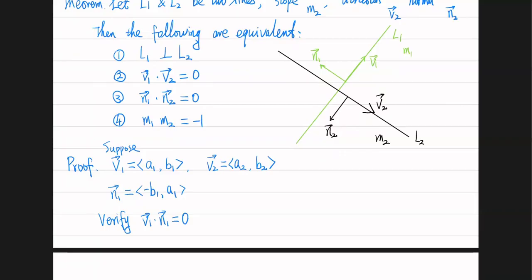Aaron, is it 0 or not? So that's basically just negative B1 A1 plus A1 B1. Will that negative apply also to A1?